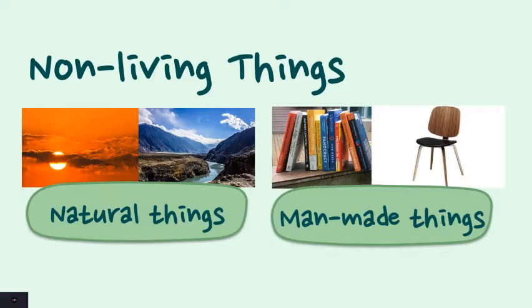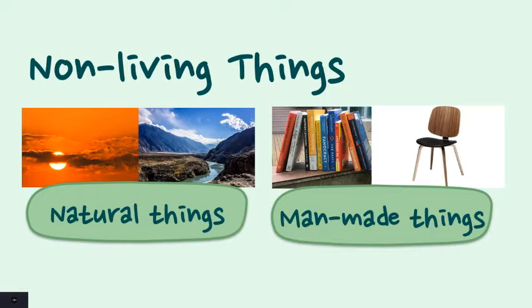Non-living things can also be classified as man-made things, meaning people made these things. For example, books, chairs, tables, and everything that we use inside our home, in our classroom, and all that we need in our daily life.